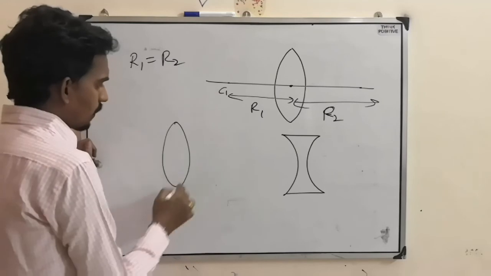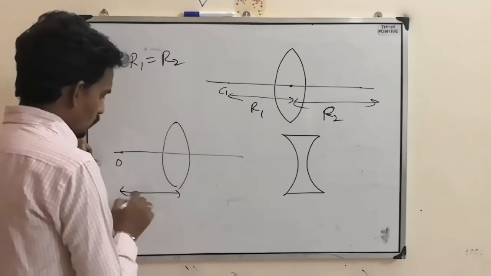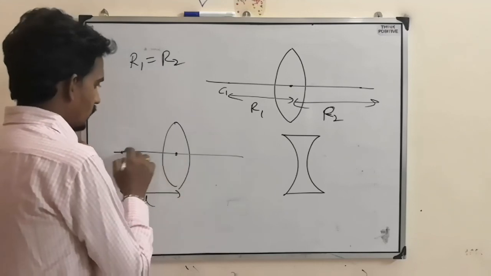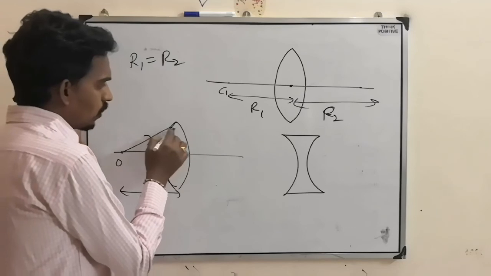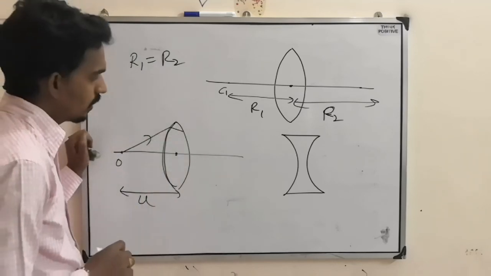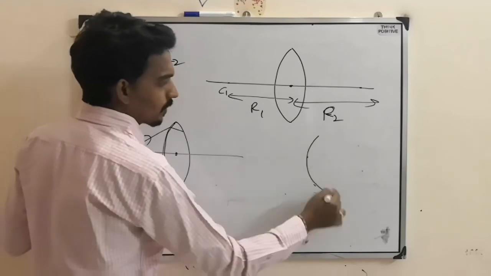For example, if there is an object at a distance u from the optical center, then the ray will go and hit the first interface and undergo refraction. So it is like refraction through one surface.